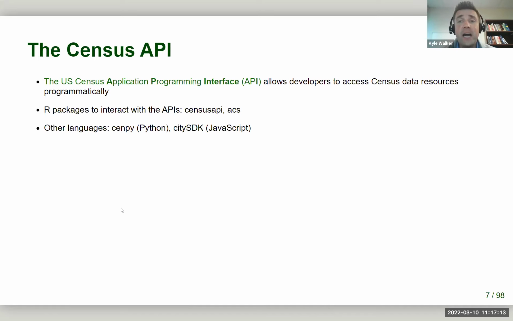The censusapi package is a really fantastic package that I use heavily that accesses all of the APIs available from the Census Bureau. We'll be focusing today on my package, tidycensus, which takes an opinionated approach to accessing a select number of census APIs. If you program in other languages, the cenpy package in Python is great for working with census data in Python. And then there's the CitySDK package in JavaScript for accessing the APIs.